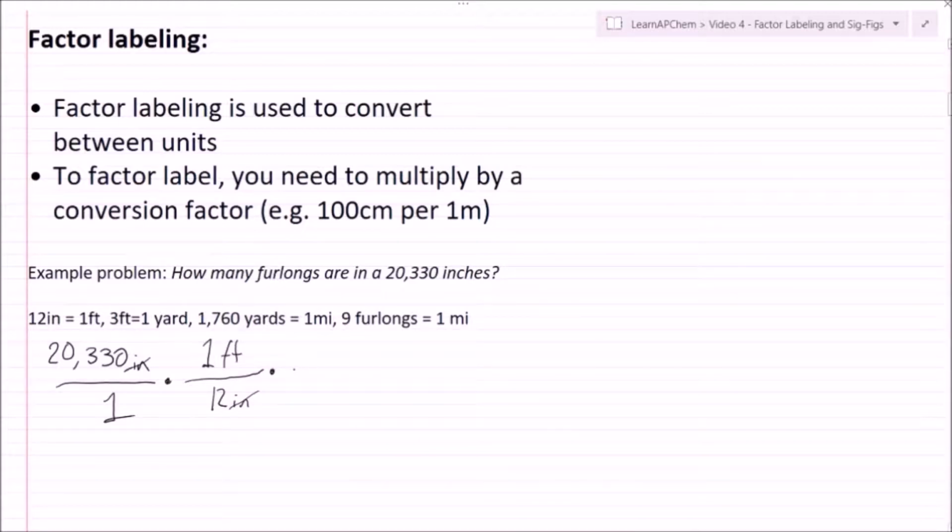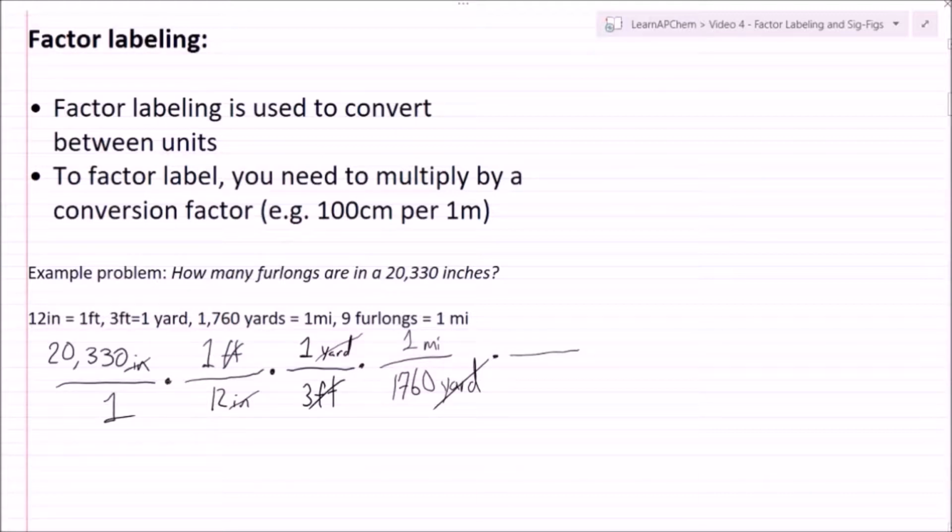So I can continue to do this. 3 feet equals 1 yard. Again, cross cancel, I'm left with yards if I complete this operation. And I'll just continue doing this until we get to what the question is asking. So again, cross canceling yards leaves us with miles, but we want furlongs.